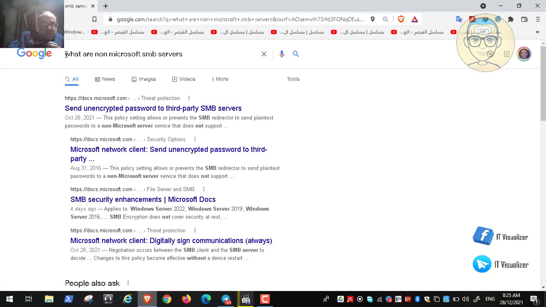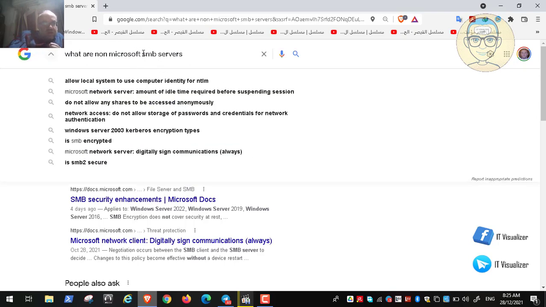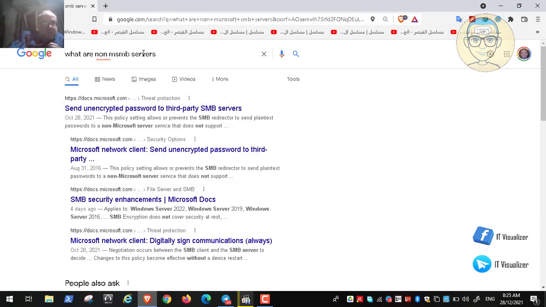So I think here is talking about servers that maybe work on Linux, or on other operating systems than Windows, and I think there are some devices that act as an SMB server. Anyway, let's see what are SMB servers.